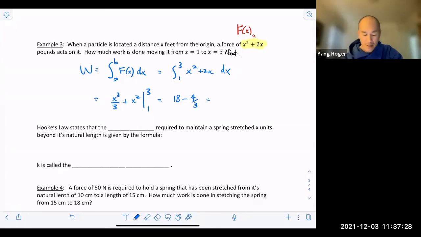So I want to put it under a common denominator, so I multiply top and bottom by 3. 18 times 3 is 54, minus 4, over the common denominator of 3. I get 50 over 3. And my units are foot-pounds. This is the amount of work done by this variable force. Does that make sense, everybody? All right.